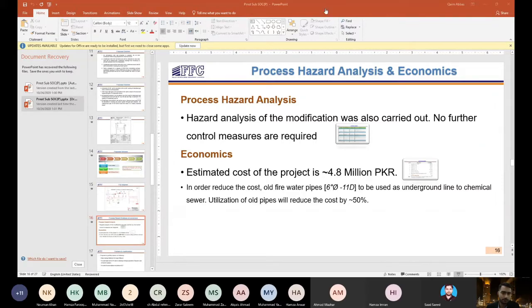So in case of this tank, deviations were selected for high level, high pressure, flow, and temperature. In case of high level, the cause would be human error, because the feed to this tank is operated with a manual valve, which would be done by an area operator.